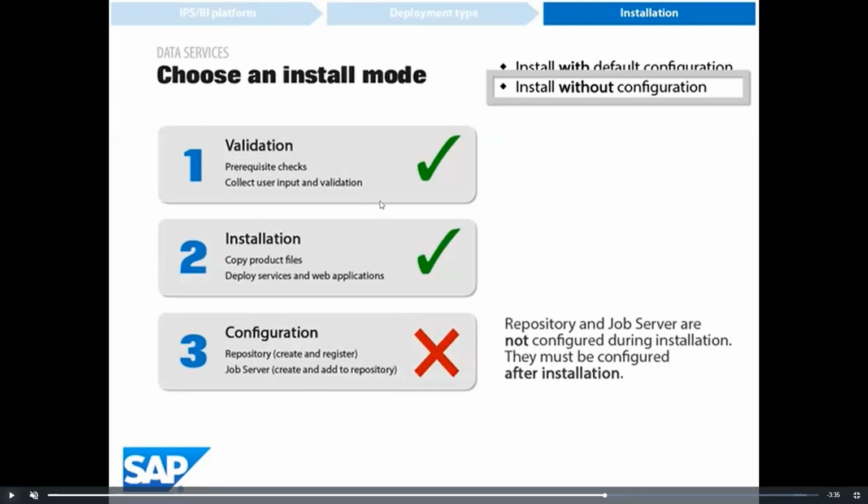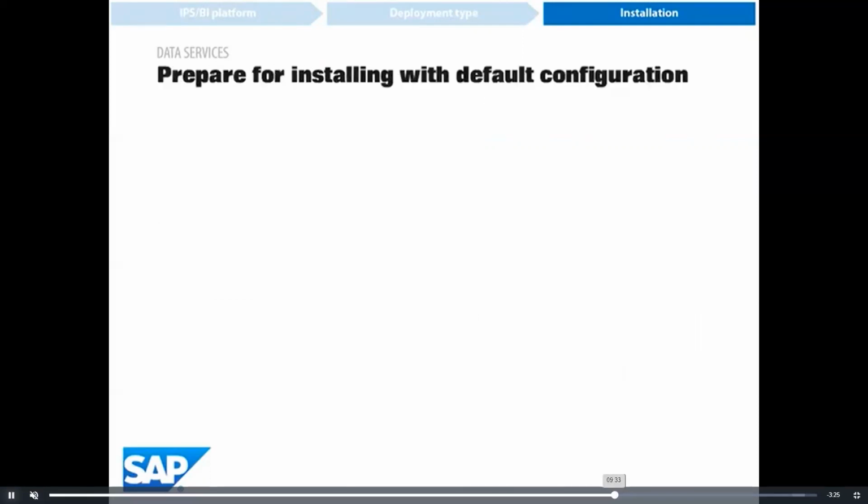This is about data services. The repository and job server are not configured during installation; they must be configured after installation. First time when we have done it, it was already configured, so the second time we are not doing it. These are the default configurations for this.